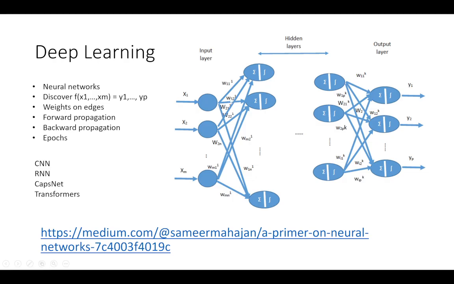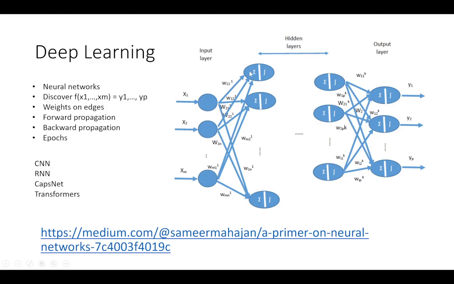Now all these edges have some sort of weights, or sometimes they are called model parameters. You might have heard about these parameters; they are important in any model. In a neural network, these are nothing but weights on these edges. So you have some input x1 coming in.